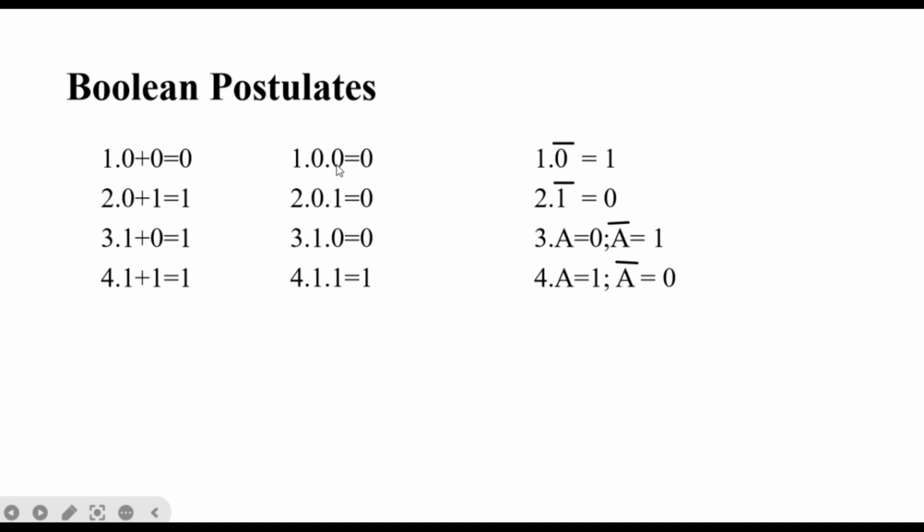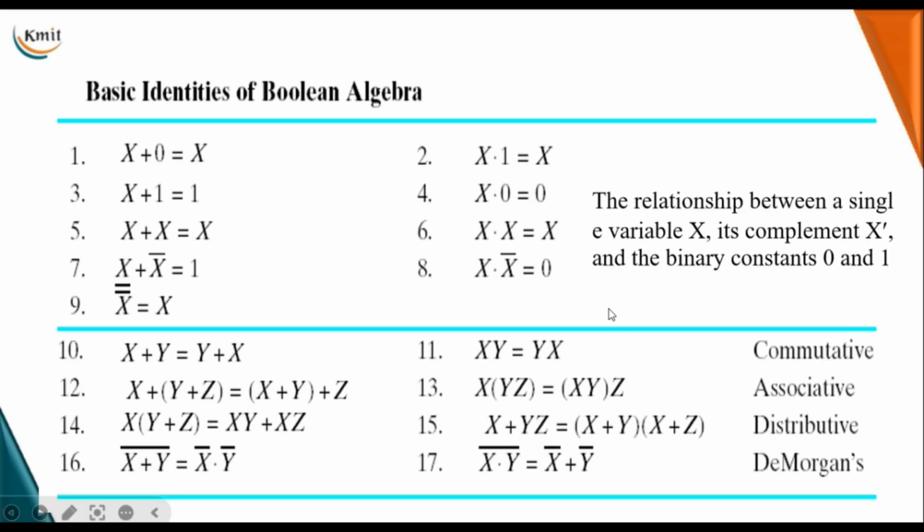The AND law gives 0 AND 0 is 0, 0 AND 1 is 0, 1 AND 0 is 0, 1 AND 1 is 1. The complement of 0 is equal to 1, the complement of 1 is equal to 0. If A is 0, the complement of A is 1. If A equals 1, the complement of A, A bar, is equal to 0.